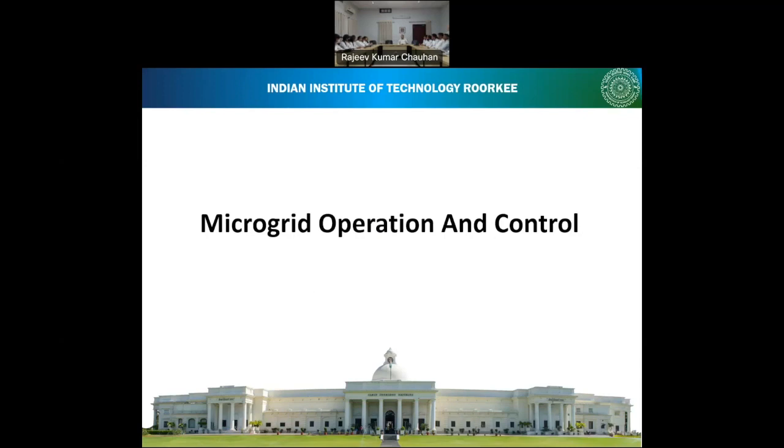We generate the voltage, we transmit the voltage, we distribute the electrical power, and we consume the power. You can consider the grid as a pool. In this pool, we are feeding the energy, and the loads are drawing the energy from this pool. So that is the wire network, and that we call the grid.